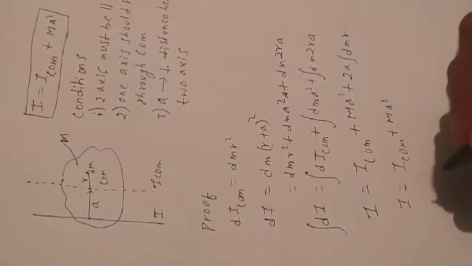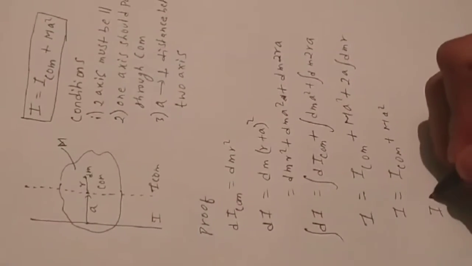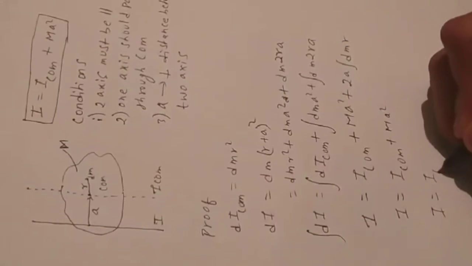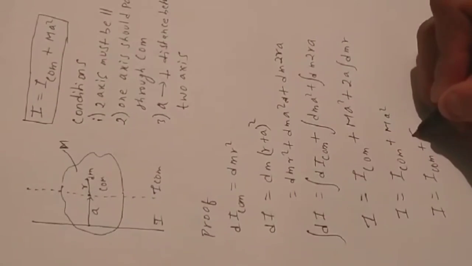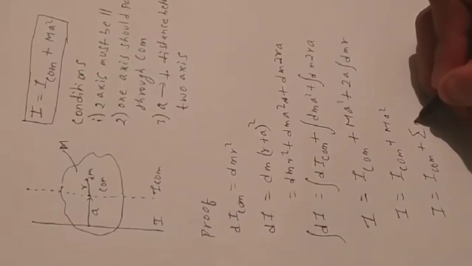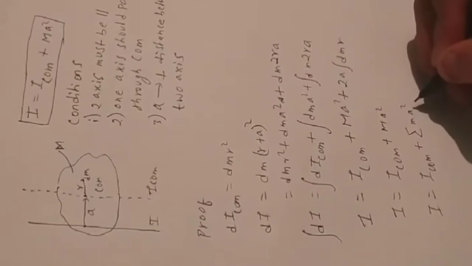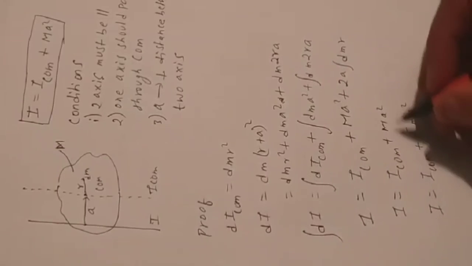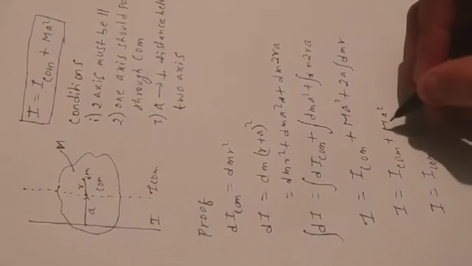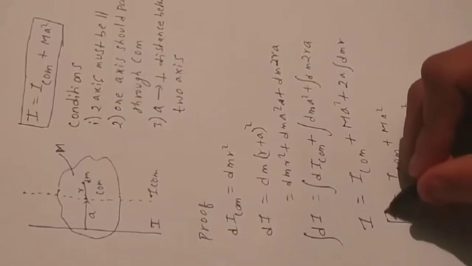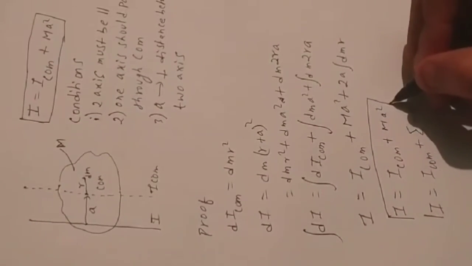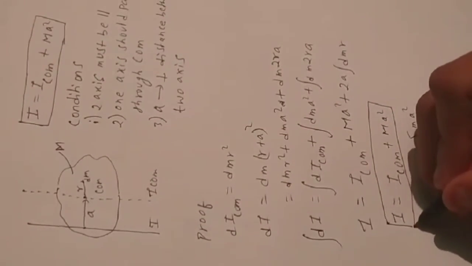We can also write it as I equals ICM plus summation of small m a square. This is the summation of m. This is the real formula, hence proved.